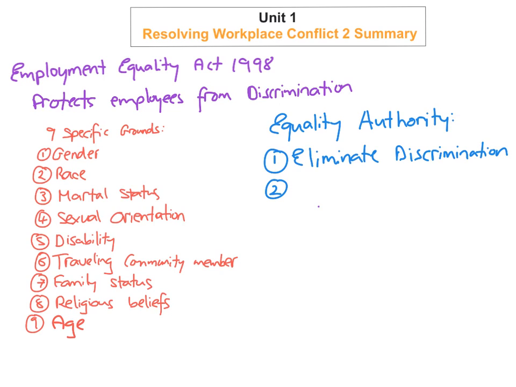The second thing that they do is that they promote equality and opportunity for everyone. The third thing that they do is that they inform the public on any equality issues.